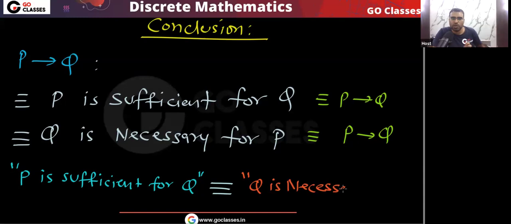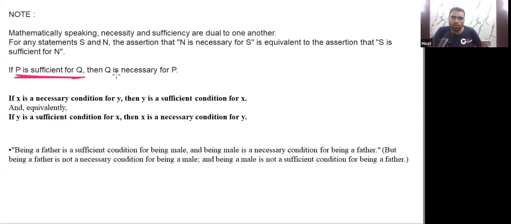So I can say if P is sufficient for Q, then Q is necessary for P. Very simple. Yes or no? Is this clear? I am saying that if P is sufficient for Q, then Q will be necessary for P. Do you agree?